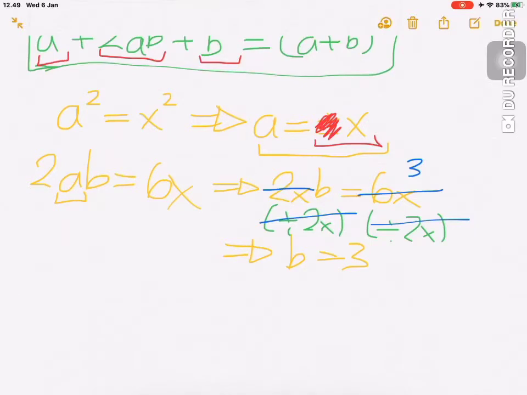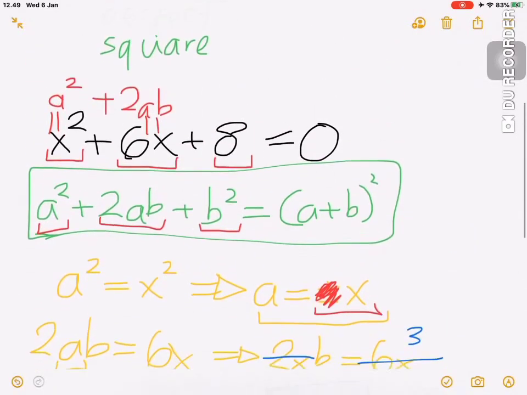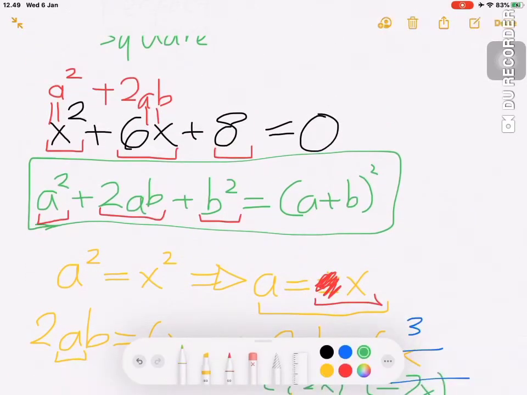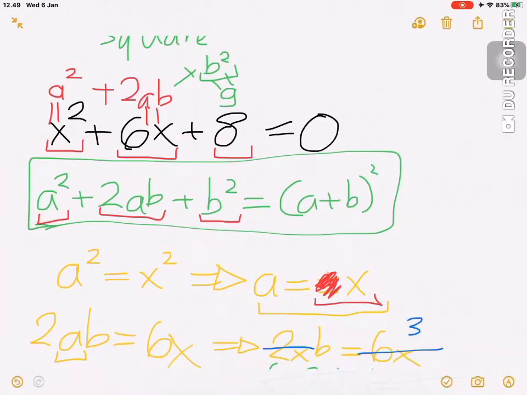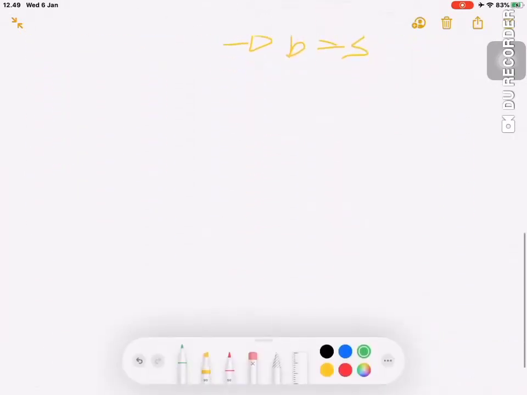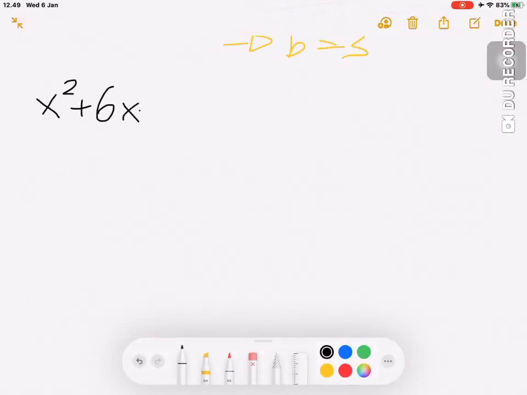This divides that and this divides that, leaving us with a 3, which gives us b equals 3. And coming up on the upper board, we get that this b squared must be equal to 9 in order for this to be a perfect square.